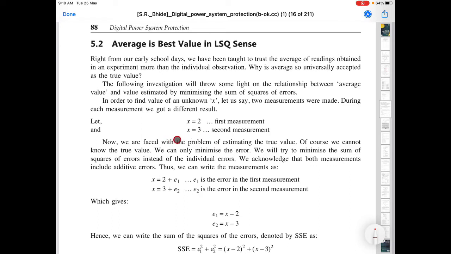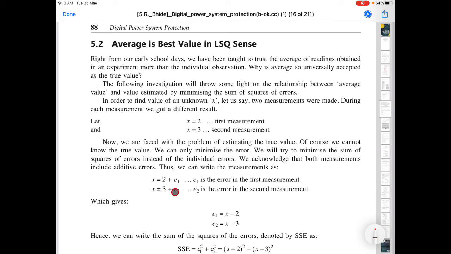For example, next time when you take x as somewhere between 2.7 or 2.8, you will realize that the actual x value is between these two. To realize that, they have taken only 2 samples. It means x is not only 2, it has some error, and x is not only 3, it also has some error.